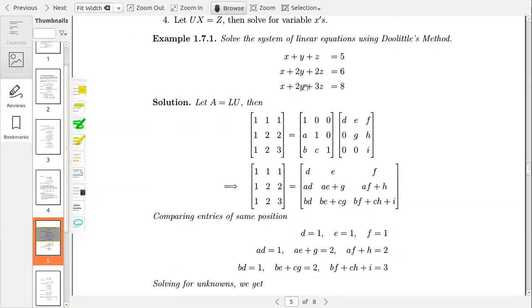So it means we have to make a product of a lower triangular, unit lower, matrix and an upper triangular matrix. So this is the unit lower. Here you can also write A, B, C instead of L21, L31, L32.